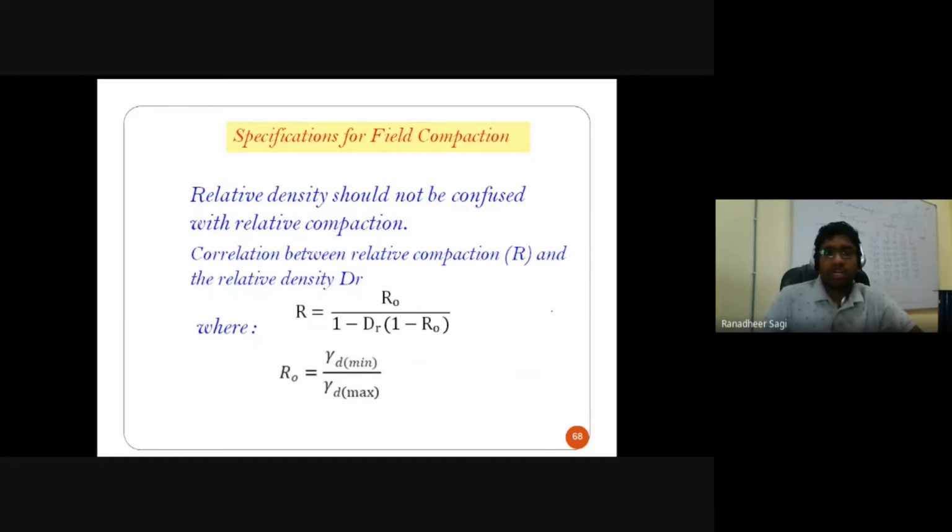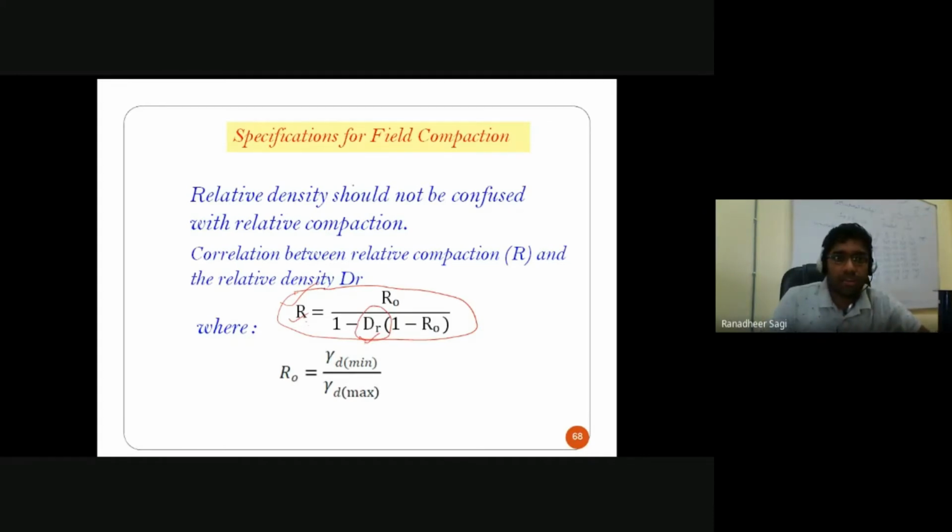Sometimes, when you talk about relative compaction in the case of coarse grain soils, it can also be indicated in terms of the relative density of that soil. This is the correlation we can derive, in terms of relative density and relative compaction. If I know the relative density of that soil, then I can say how much relative compaction you have achieved for the soil compacted in the field.